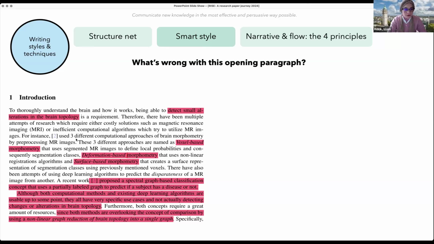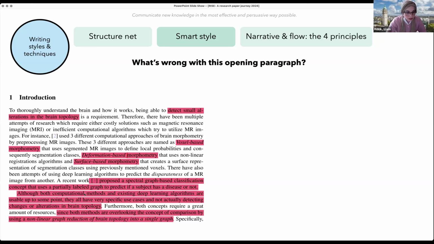So here, for instance, 3 different computational methods in morphometry. The word morphometry comes up here for the first time, and the word topology. If the paper is focusing on morphometry and topology, they should be well defined and well articulated from the first 2 sentences, okay? A few things are mentioned here randomly, and then you have disparateness. I don't know why this word is in italic. If you emphasize, it means it's important or innovative, something that you're going to tackle, right?